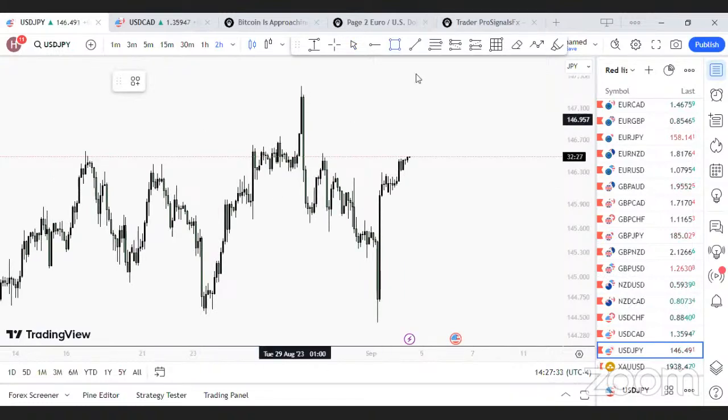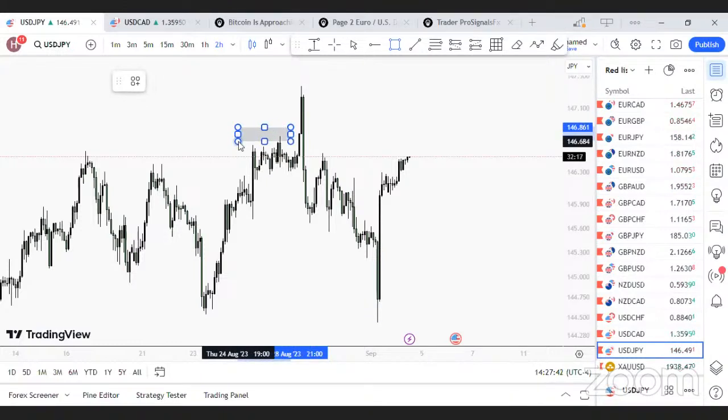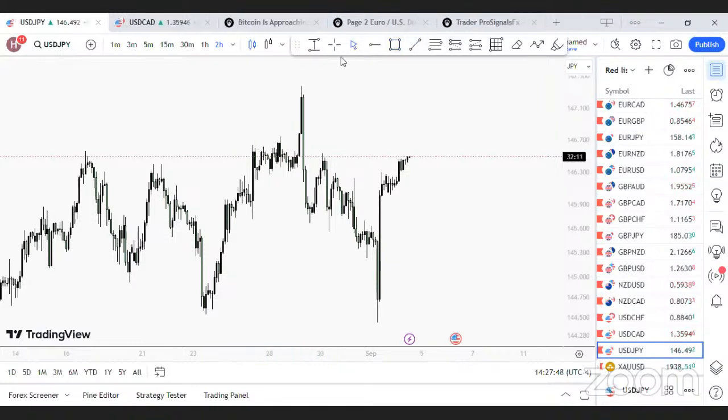So if you want to draw out your support and resistance, just know that when the market is going up, you look at where the market touches and then starts making a move in the opposite direction. Let's say this market is going up from here.